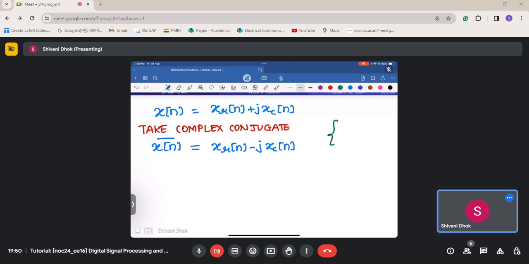If I take a plus jb conjugate, this will be a minus jb, where a and b are the real and imaginary parts of that complex number respectively.